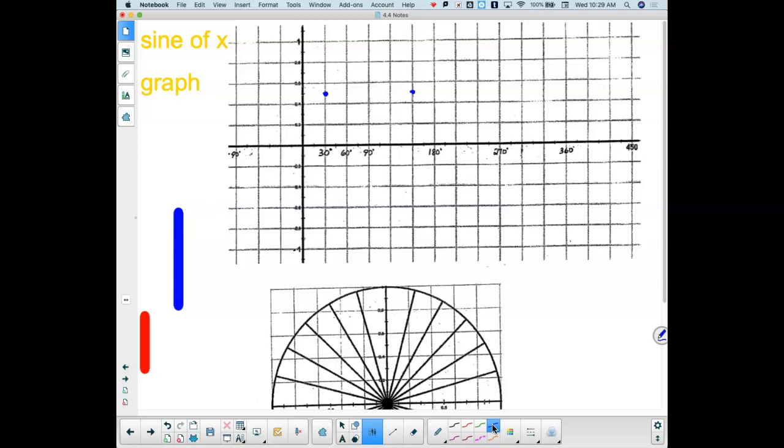And then at 210 degrees, you would have been down 2.5 blocks. And then you would have been 2.5 blocks again right there. Yes? Okay. And then you should have been all the way up to 5 blocks at 90. And all the way down 5 blocks at 270.